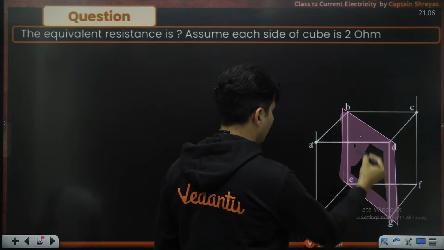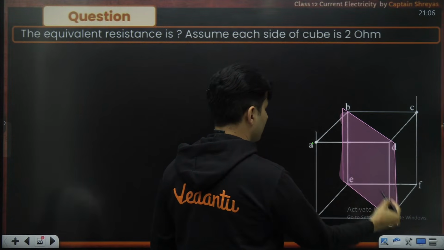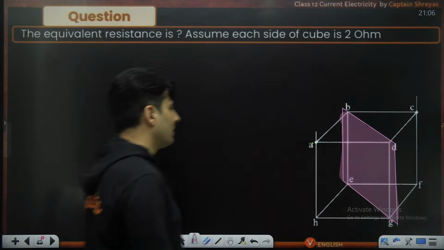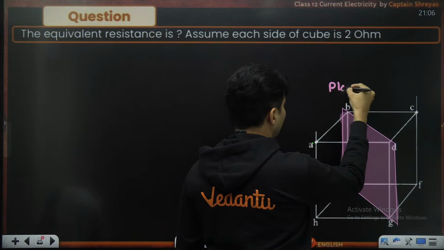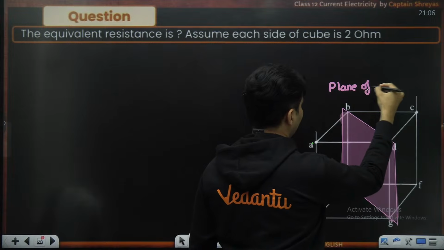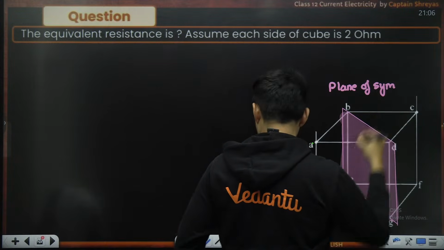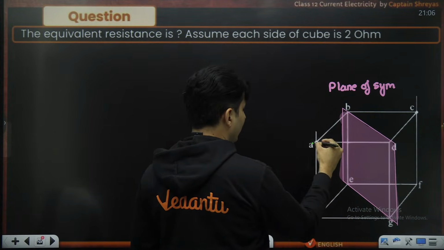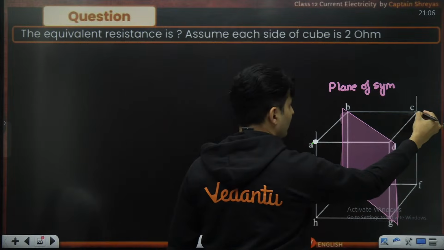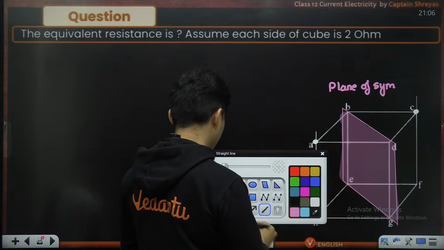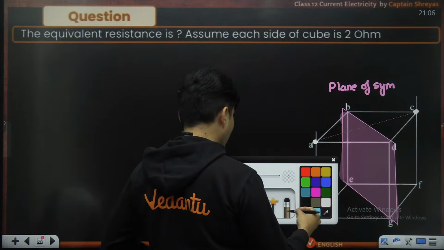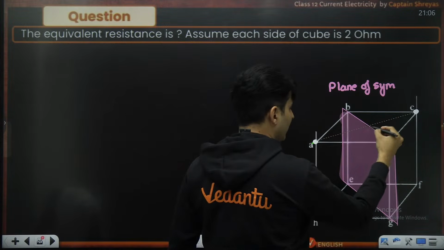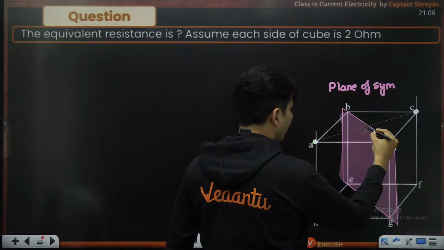How many of you are able to visualize it now? There is a plane symmetry here. This is the plane of symmetry, and we have to find the resistance between this point and this point. You can see I can also join a line between them, and you can also see that this plane of symmetry is basically perpendicular.